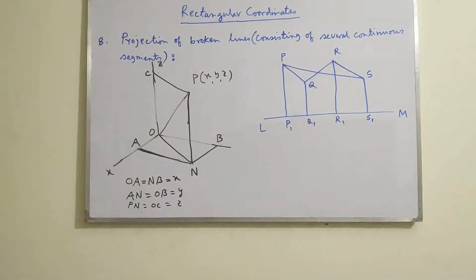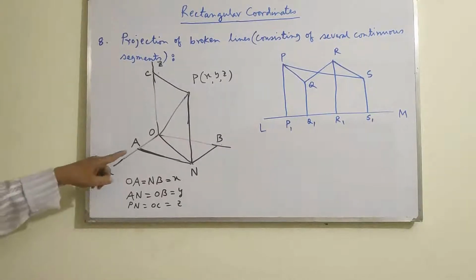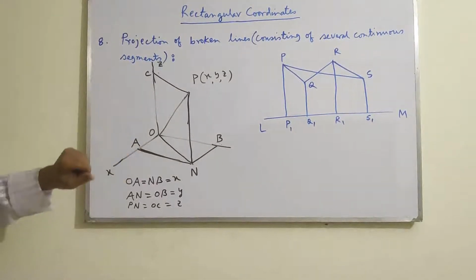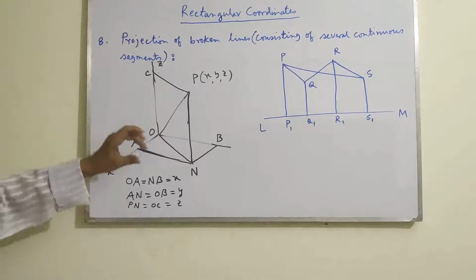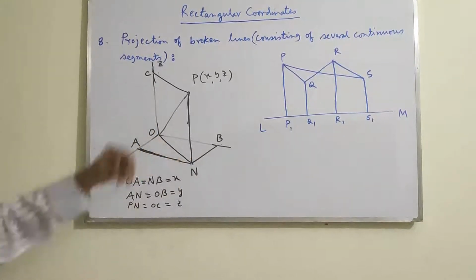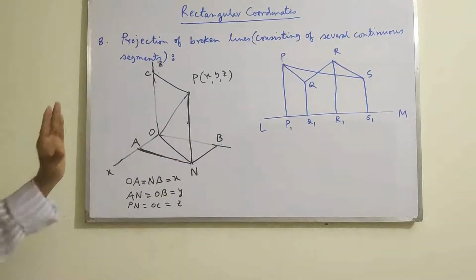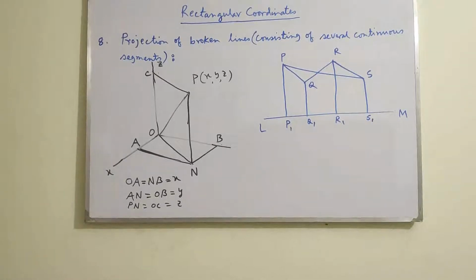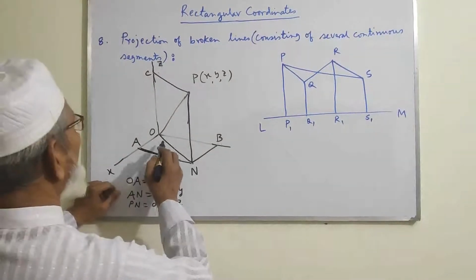Now, the broken parts OA, OB and OC, taking the projection of OP on another line whose direction cosines are known.